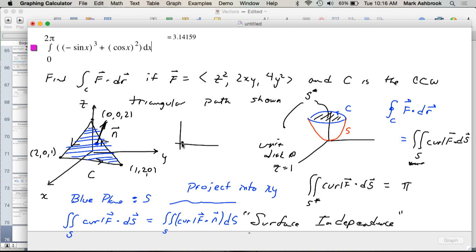And you get something like this, with points 1, 2, and the unit vector. So our projection will look like that in the xy plane.